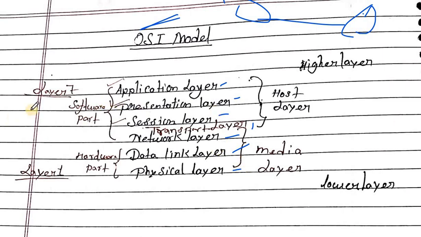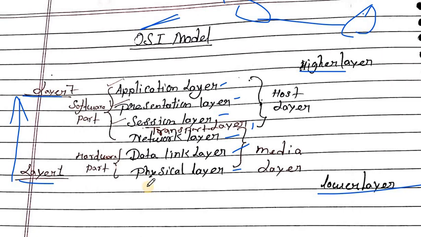The application layer is called the higher layer, and the physical layer is the lower layer. The application layer is layer 7 and the physical layer is layer 1. We count from bottom to up, layer 1 to layer 7. So you must remember: physical layer, data link layer, network layer, transport layer, session layer, presentation layer, and application layer.